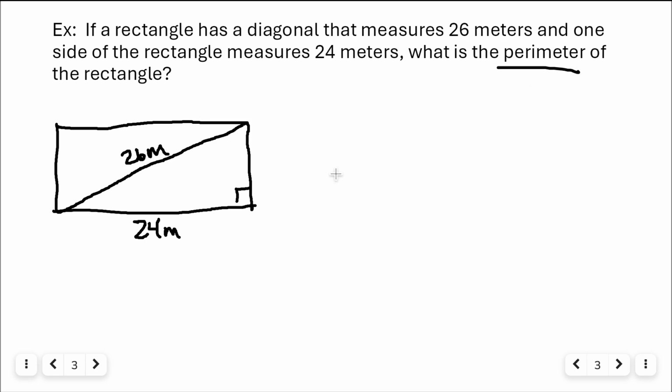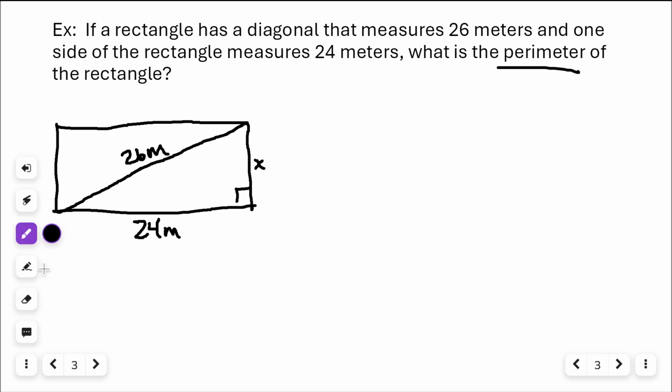So you have to remember, how do I find perimeter? Perimeter means add up all four sides. 1, 2, 3, 4. Not this diagonal. That's not part of the perimeter. Just these four sides. So I know this side over here is going to be a 24, but I don't know either of these sides. So I'm going to have to try to figure them out. I'm going to call this side x, just to call it something.